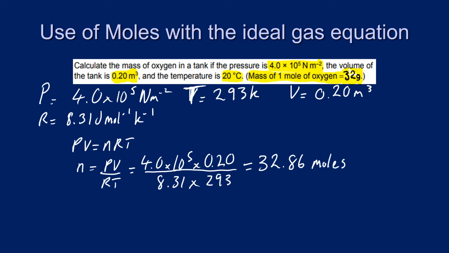Now we want to find the mass of oxygen in the tank. So the mass is going to be equal to 32.86 moles times 32 grams.